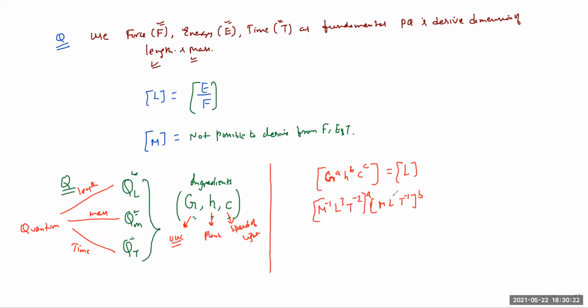So H is M L square T minus one, raised to power B. Yes, sir. And C is L T minus one, raised to power C. Yes, sir. This equals L.